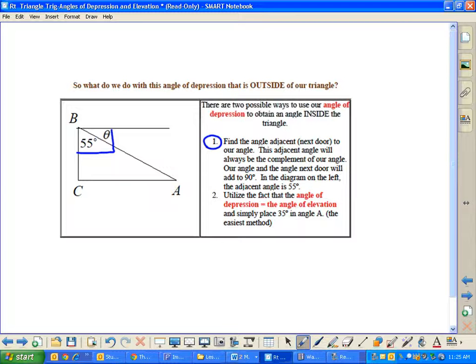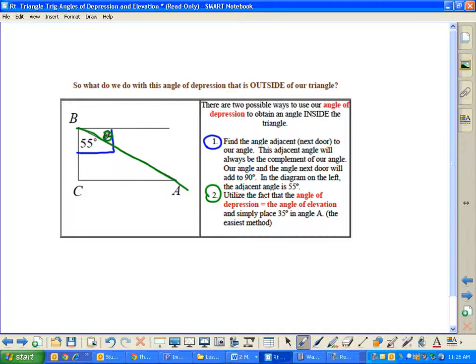How many degrees? 90. It's a corner. It's 90 degrees. So if we know theta, let's say theta is 35, doesn't that mean that this angle has to be 55, so it adds up to 90? It has to be. So that gives us an angle inside the triangle, right? Or, number two, different way to look at it, is what we just talked about, the transversal.